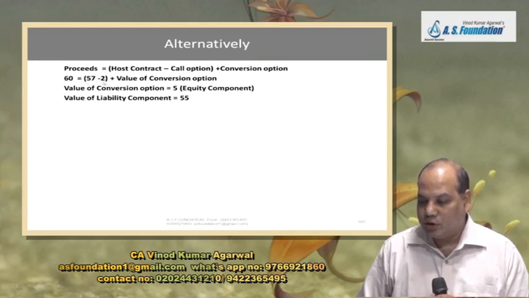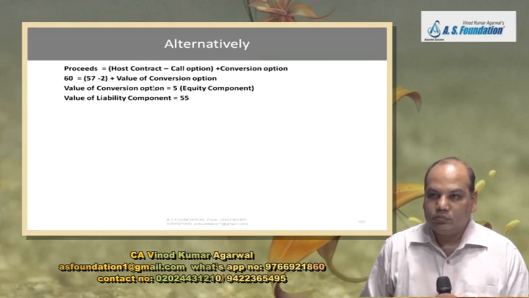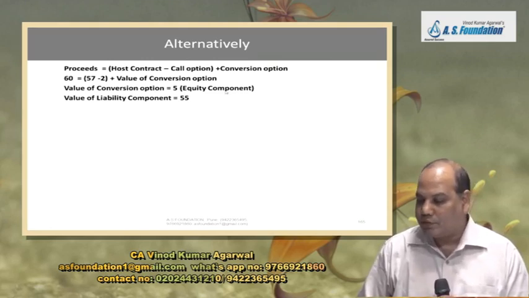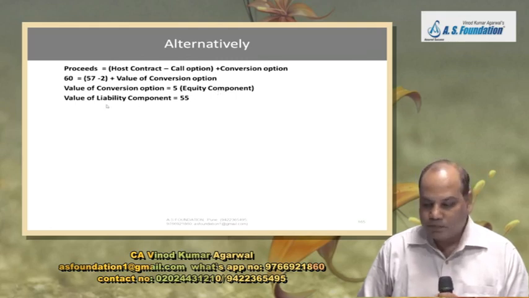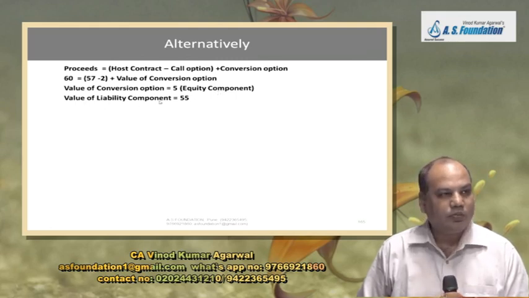Then 60 equals 57 minus 2 plus conversion option value. The value of the conversion option is 5, which means the equity component, and the value of the liability component will be 55.